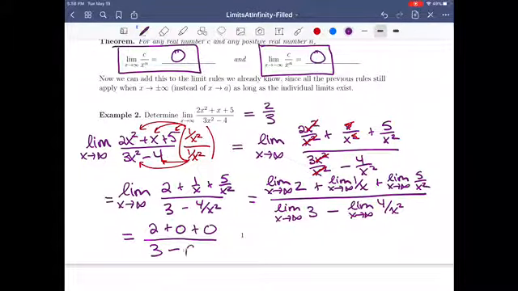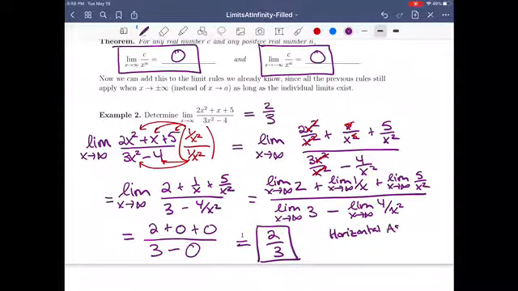So you see that my limit is equal to 2/3, which is what you thought if you are up to date with your pre-calculus. And because this limit exists and equals 2/3, there's a horizontal asymptote for this function at y equals 2/3.